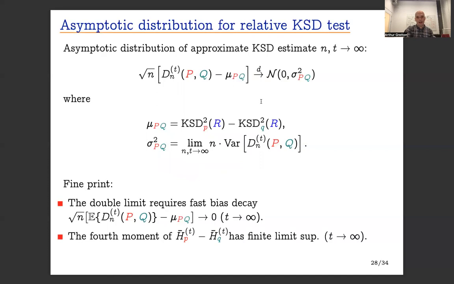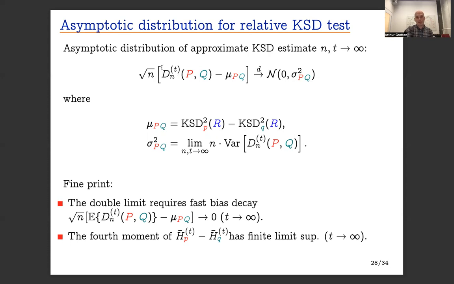Now, we might be concerned about the asymptotics of this approximate U statistic, but we can show that the approximate U statistic is still asymptotically normal with a variance expression here. And so as a result of this, if I compute a difference in approximate U statistics, KSD_P minus KSD_Q, then this is also asymptotically normal. And thankfully, that means that our statistical test becomes straightforward, just as it was when we had models without latent variables.